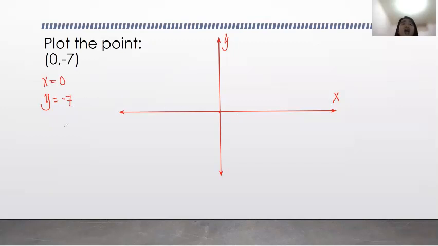We need to find where -7 is. So we have -1, -2, -3, -4, -5, -6, -7. And we can now plot it. So this is the point (0, -7). Okay, as easy as that. That is how we plot our points in the Cartesian plane.